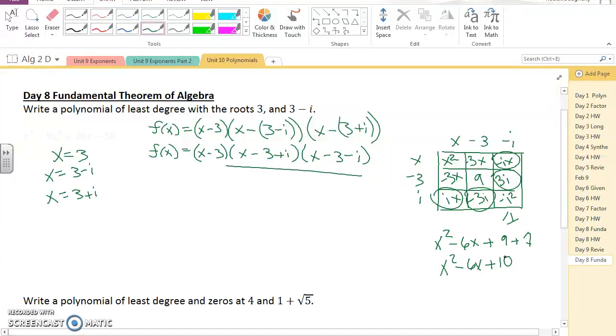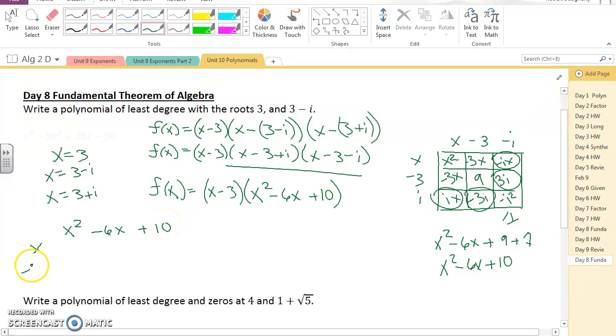So if I go back to my original, I've got f of x is equal to x minus 3, and then what I just found here, x squared minus 6x plus 10. And I need to multiply all of this together. So I'm multiplying x squared minus 6x plus 10, multiplying that by x minus 3.